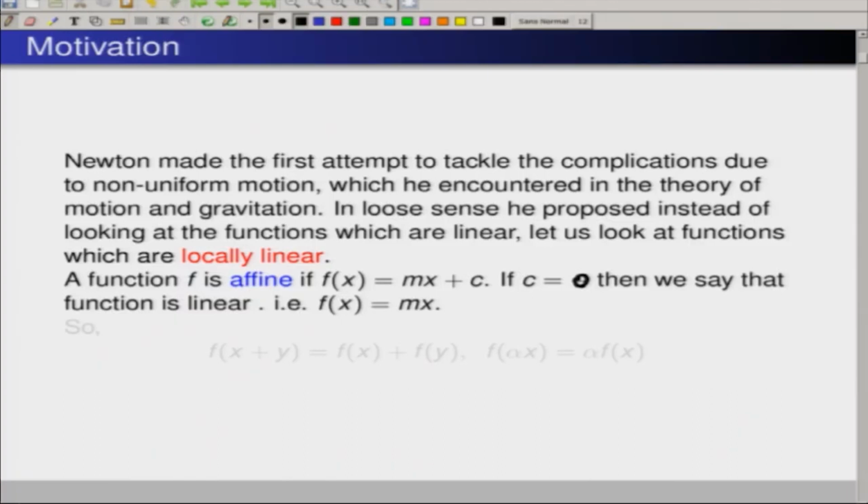In this linearity, what happens? If I take x plus y, f of x plus y is equal to m times x plus y, which is m x plus m y, which is f of x plus f of y. And also f of alpha x is equal to alpha times f of x, where alpha is a real number.